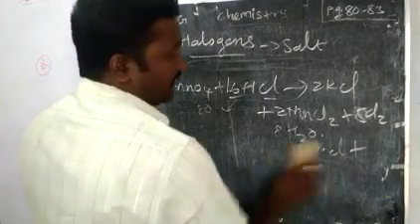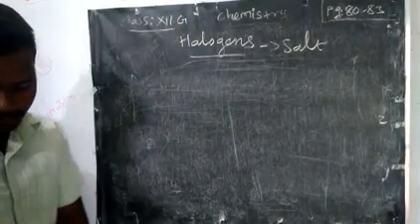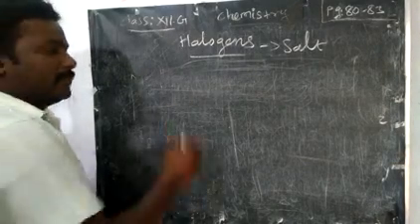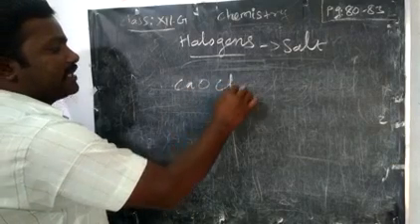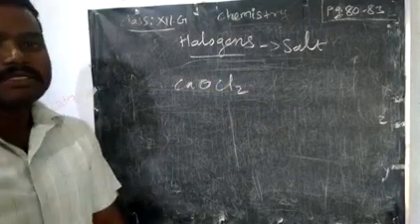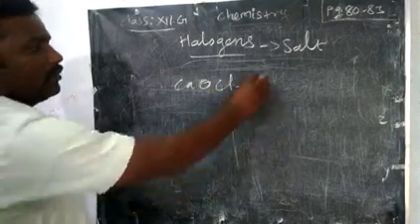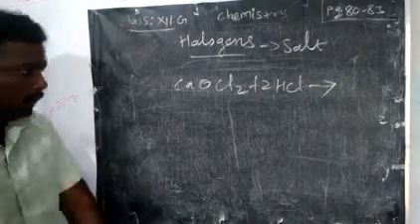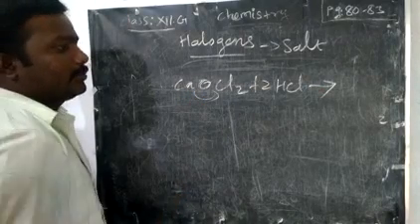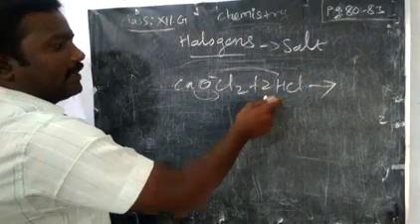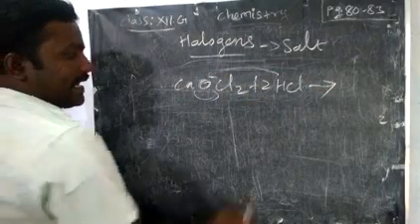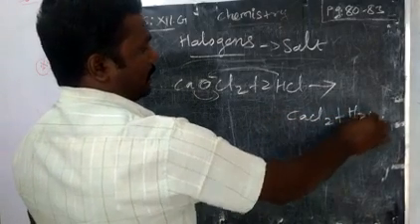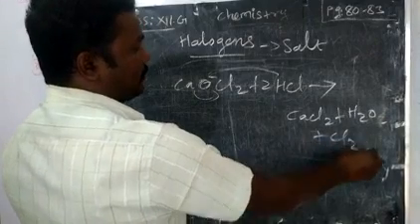Okay. The next reaction. How? Bleaching powder. What is the molecular formula for bleaching powder? Calcium oxychloride, CaOCl2. Calcium oxychloride is treated with 2HCl. It will form calcium chloride, then water. The remaining forms chlorine gas.